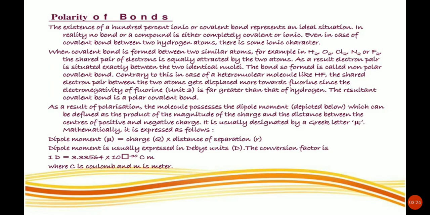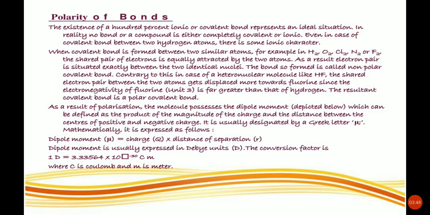Mathematically, it is expressed as mu, that is dipole moment, is equal to charge into distance of separation, or charge into distance between the atoms in the covalent bond, that is D. So mu is equal to e into d. e means charge, d is distance.